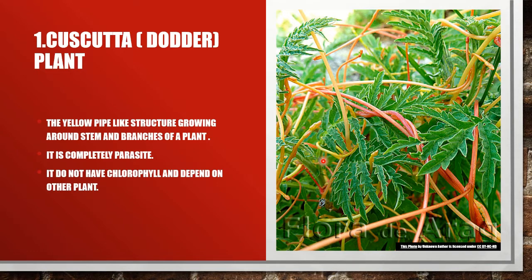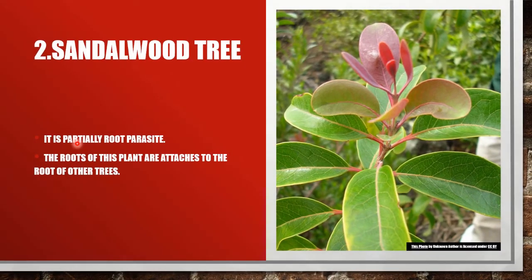Now we will learn about the sandalwood tree. The sandalwood tree is also known as chandan, and it is a partial root parasite. The roots of this plant attach to the roots of other trees. Here is the image of the sandalwood tree. You can see it is green in color, so it can make its own food.